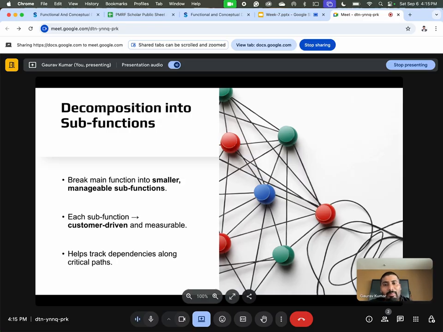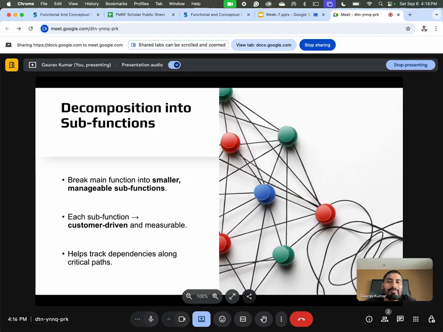For instance, the main function of a coffee machine is prepare coffee. Breaking this down, we might get sub-functions like heat water, grind coffee, filter brew, and dispense liquid. So each of these is clear, measurable, and directly tied to customer satisfaction. So if one sub-function fails, the overall function cannot succeed.